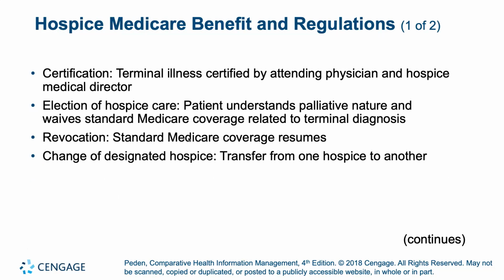So the first thing that has to happen is you have to have certification. The patient has to have a terminal illness that is certified by an attending physician as well as the hospice medical director. And most hospices have to have a medical director. They don't always examine the patient because if the attending physician is there and they are documenting it and they are ordering the hospice care and certifying it, the hospice medical director typically kind of rubber stamps that.